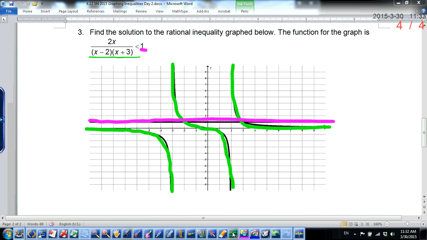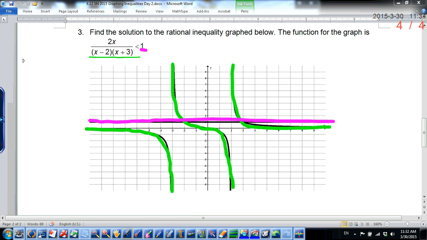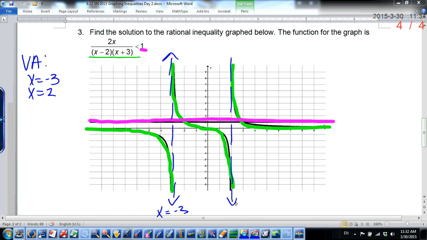Okay, so hopefully you drew in your vertical asymptotes. Where are your vertical asymptotes? Good. So x equals -3 and x equals 2. That's going to help guide our answer.